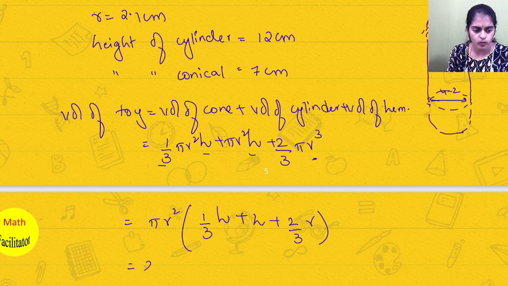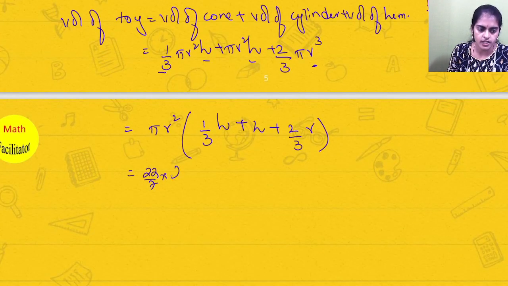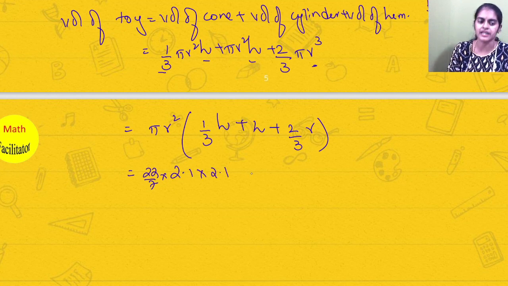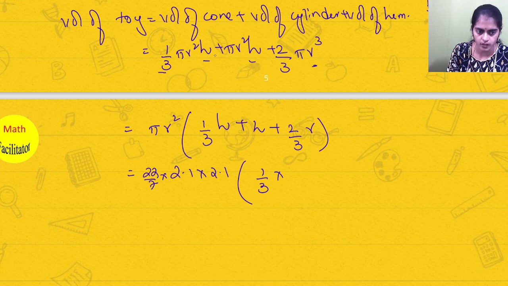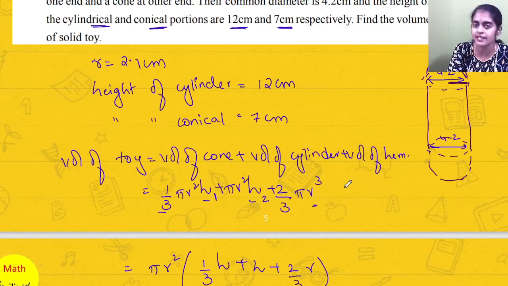So this is equal to 22 by 7 into r, which is 2.1, so 2.1 whole square. Now this is 1 by 3 into h. You can also write h1 and h2 because the heights of cone and cylinder are different.